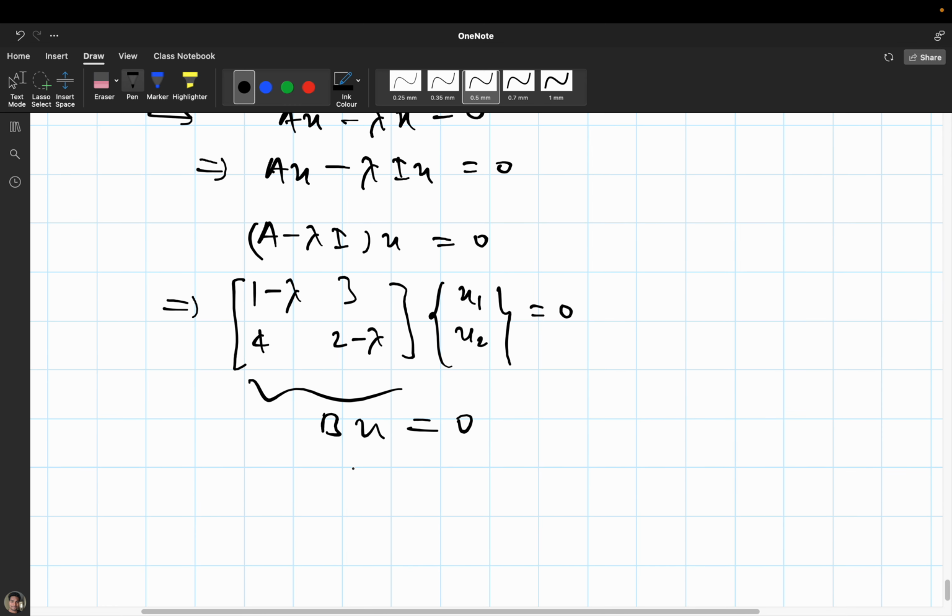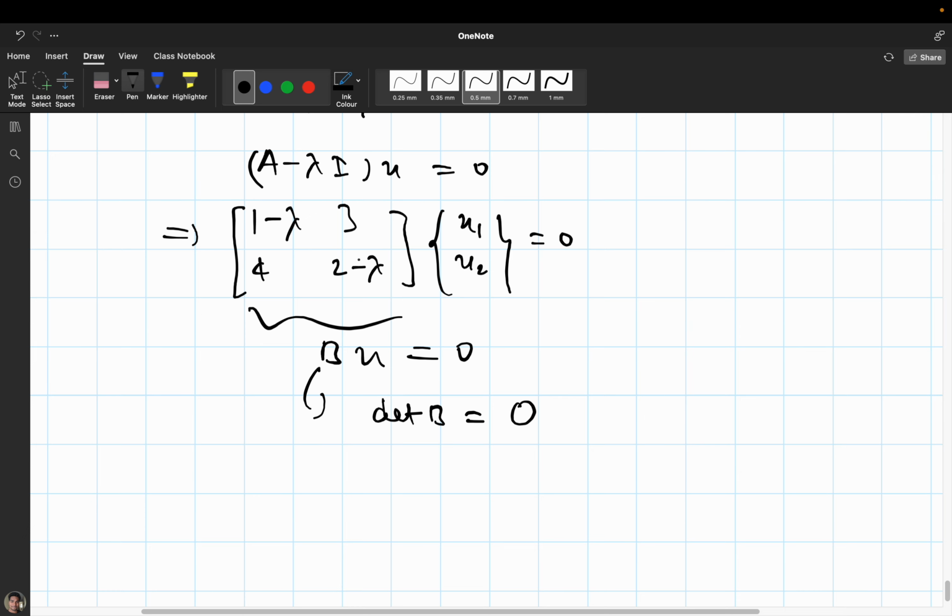I need Bx equal to 0 to have a non-trivial solution, which means the determinant of B should be what? 0.